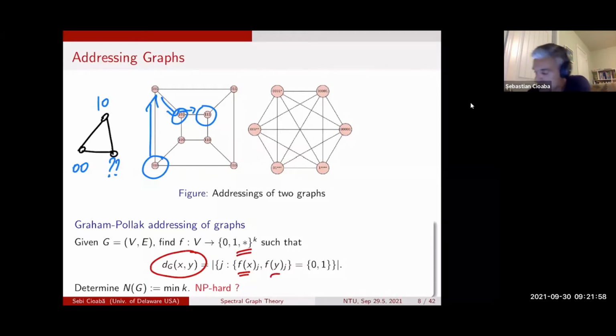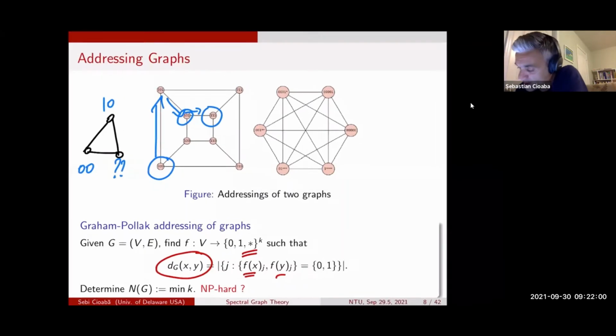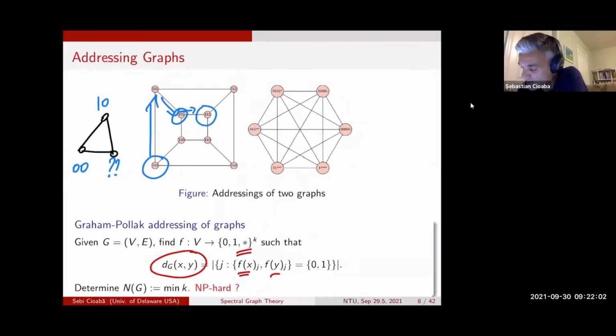So if you look at the example on the right, this is a complete graph on 6 vertices. It's clear that this is satisfied if I take this one, it's like 4 zeros and a 1 at the end, and then all zeros, because the j in that case is 5. That's where you have one different entry.